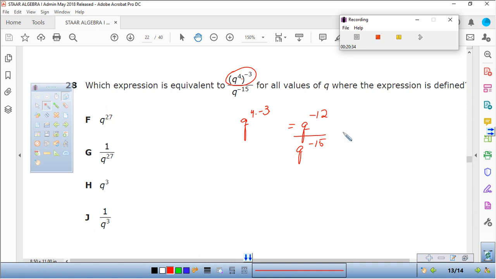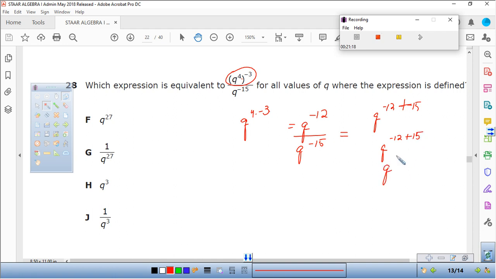And this one here, if you want to figure it out, remember the fraction part: I get the top one, Q to the negative 12, minus the bottom one. Double negative becomes plus. Negative 12 plus 15. Come on, 15.